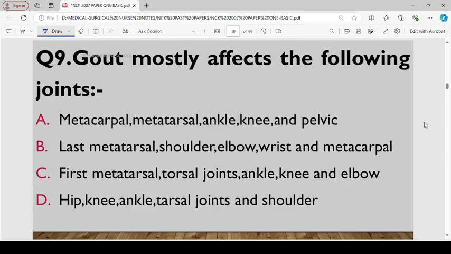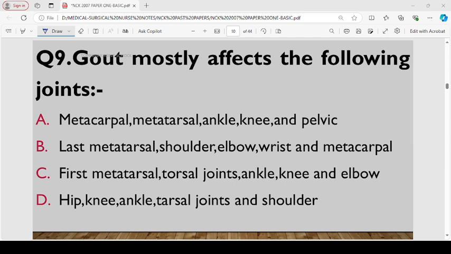Gout mostly affects the following joints, all right? So we have nurse A to nurse D, give us the affected joints in gout. If you look at option A, you find that the pelvic joints are rarely affected by gout. So that makes that option to be wrong.